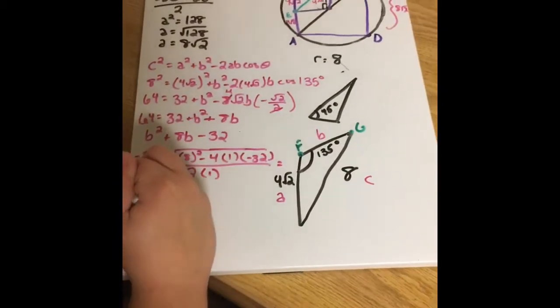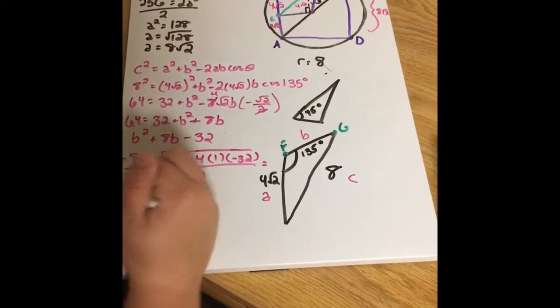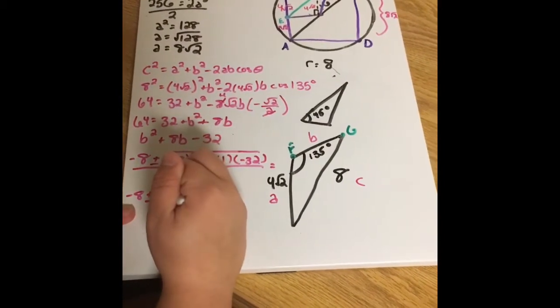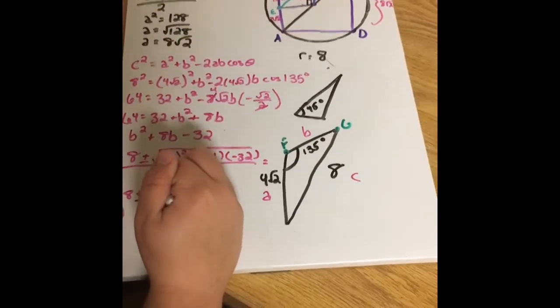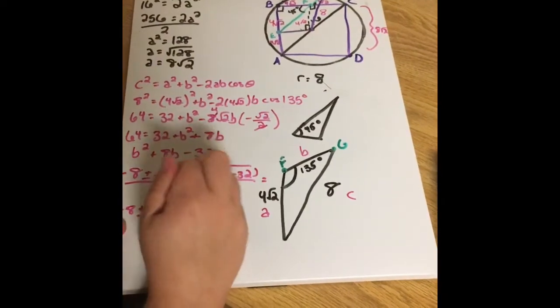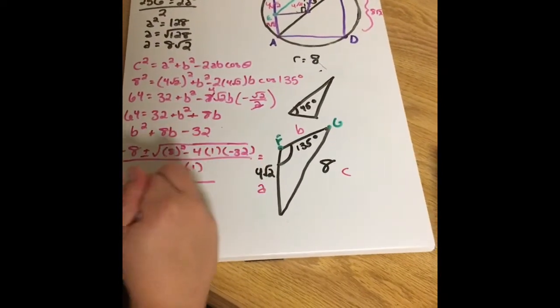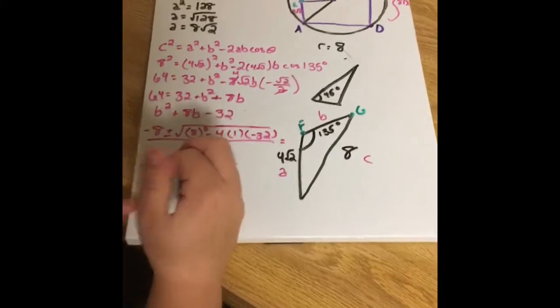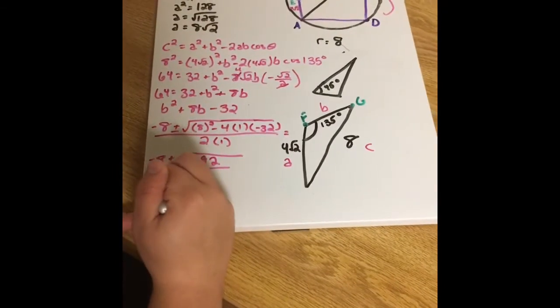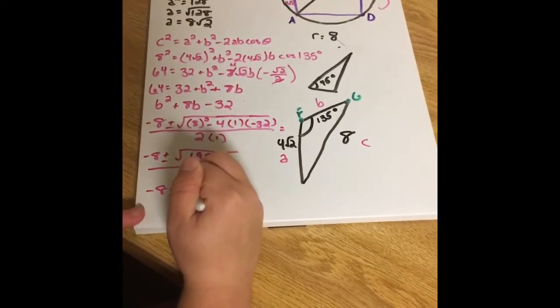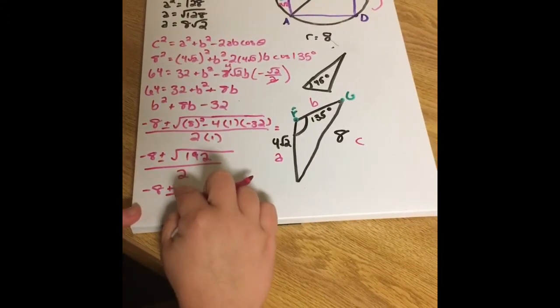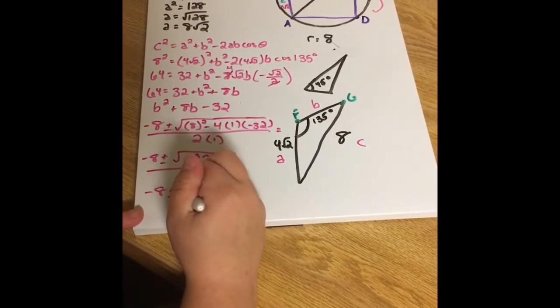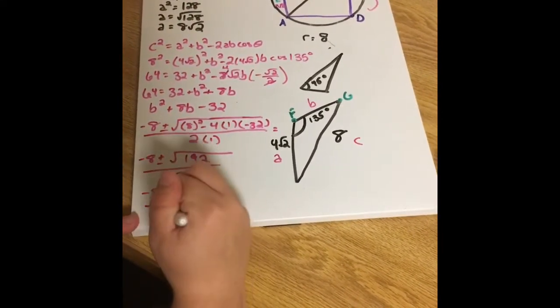So we get negative 8 plus or minus the square root of 192, once you simplify the inside, over 2. And then we can simplify the square root of 192 to get 8 root 3 over 2.